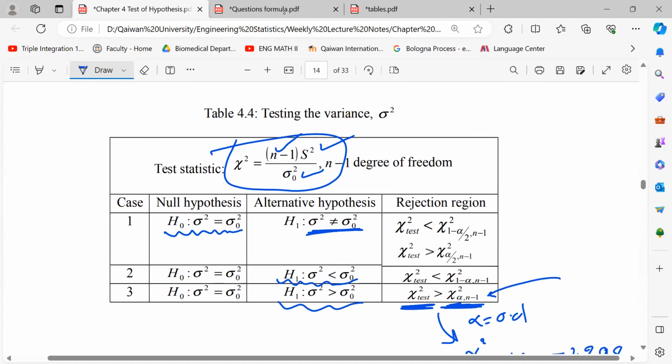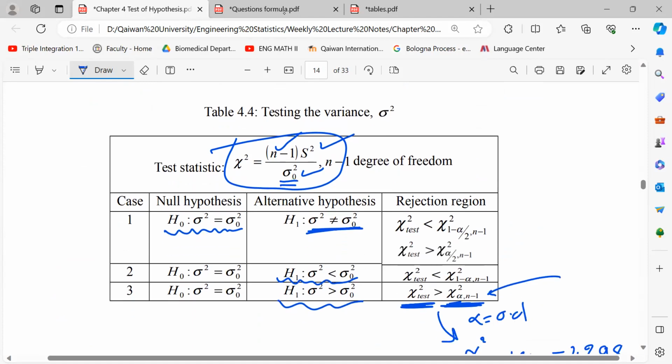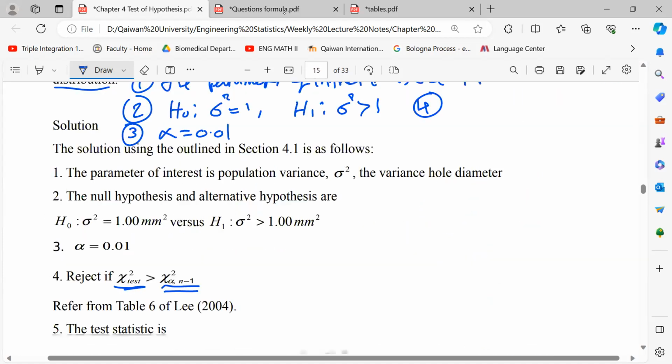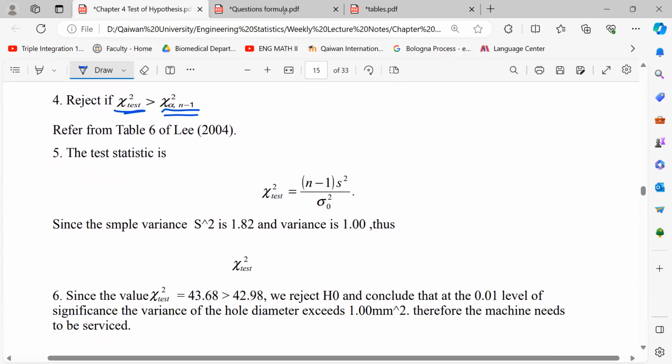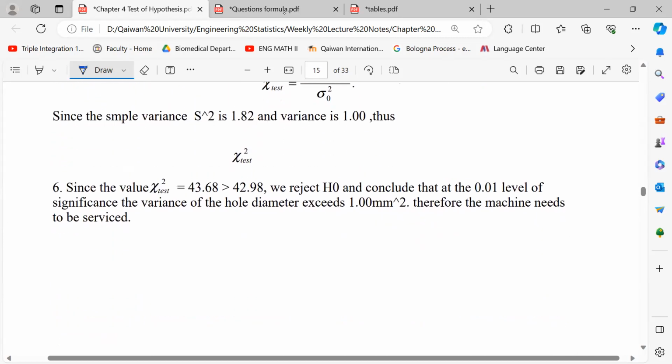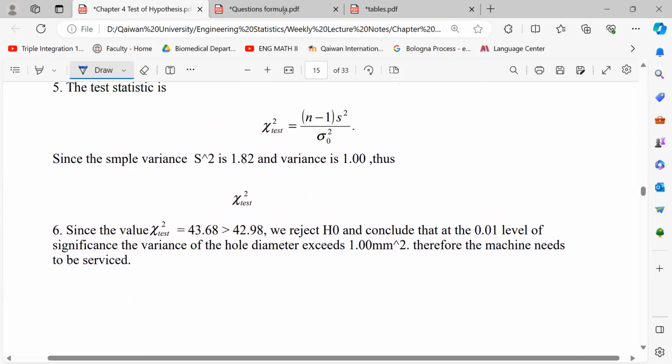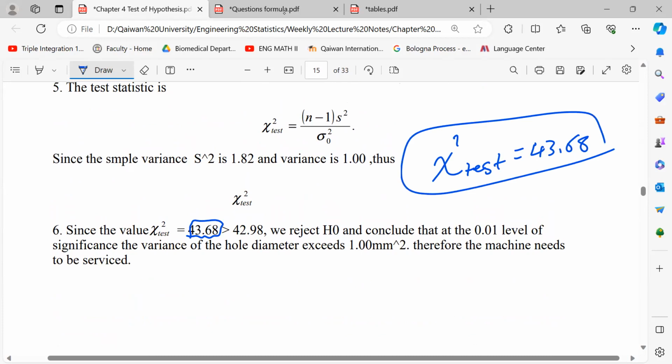Sigma naught squared is 1, S squared is 1.82, and n is 25. Multiply these and divide. The result is 43.68. This is the chi-square test in step 5, 43.68.